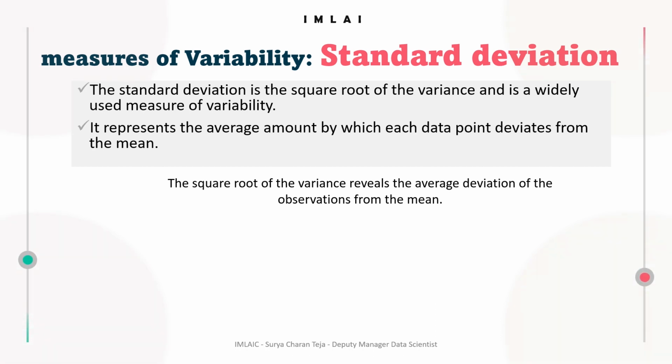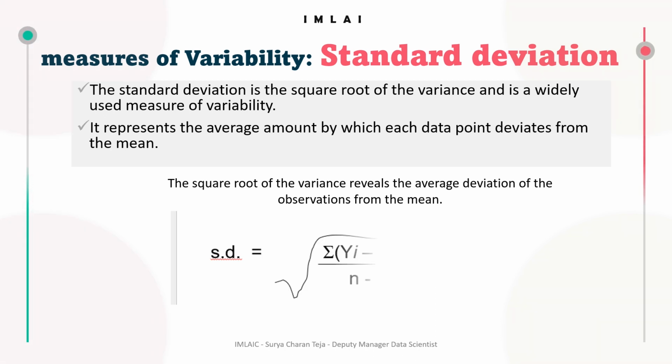The square root of the variance is going to reveal the average deviation of the observations from the mean. When I say observation, record, or cases, you should get the point of what I'm trying to mean.